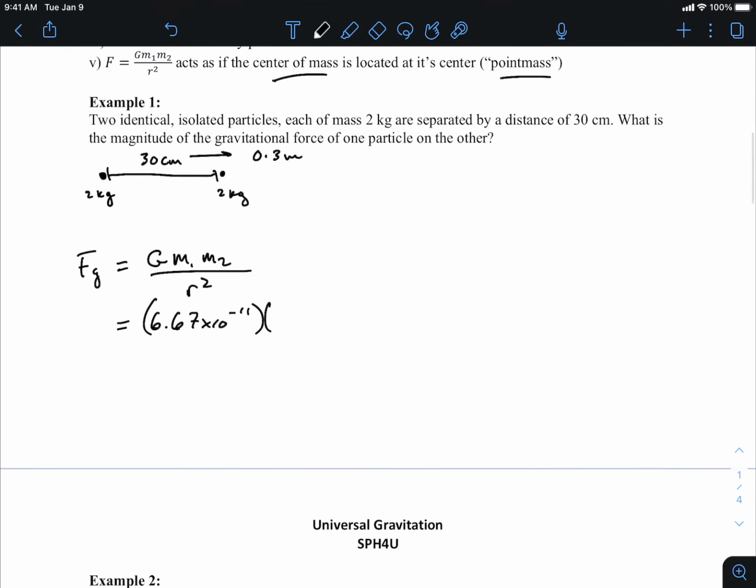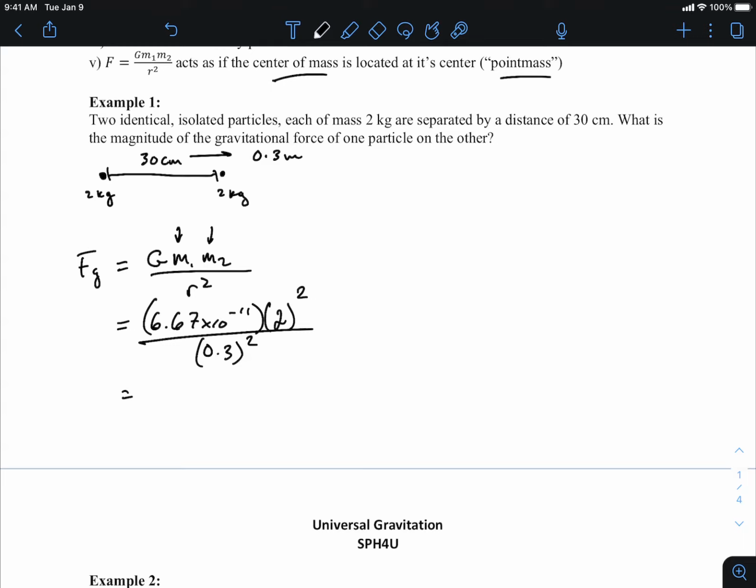Okay, and so we know that both these masses are going to be the same. So I'm just going to plug in 2 twice, which we know to be squared, right? So it's 2 squared divided by r squared, which in this case would be 0.3, and we square that.